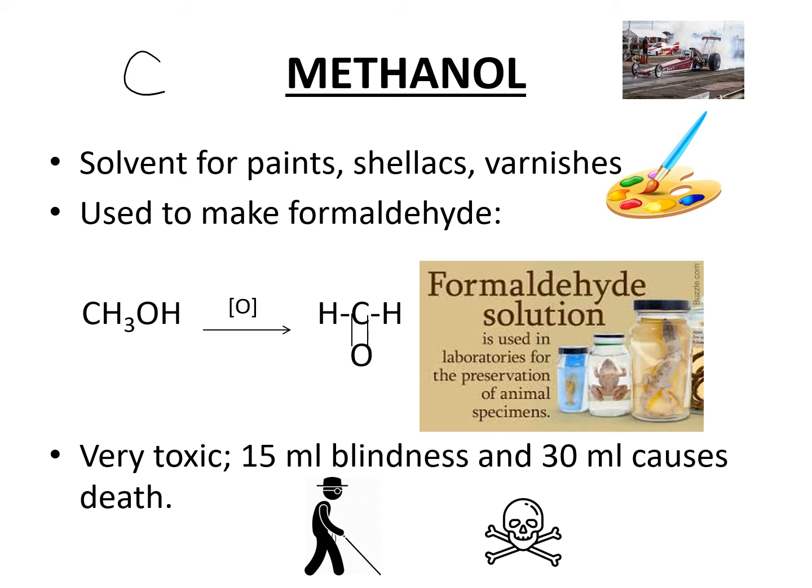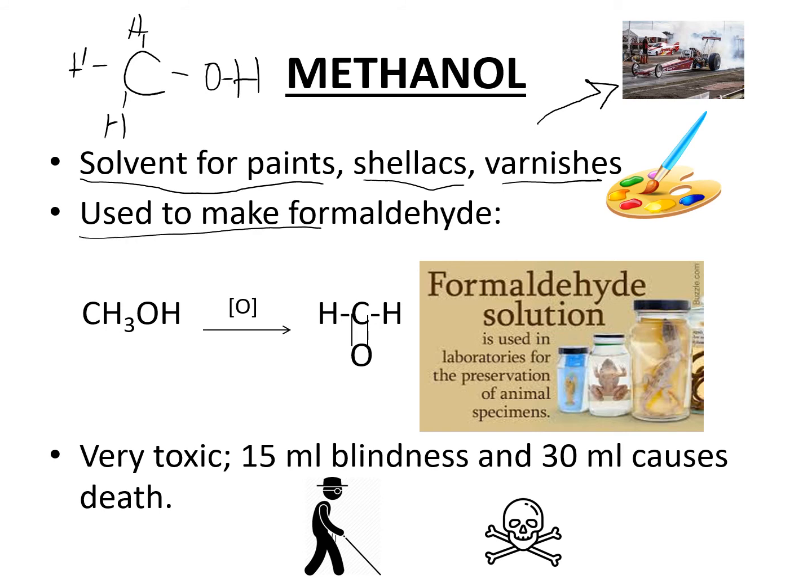Methanol is when we have one carbon bonded to a hydroxyl group and then single bonds to hydrogen. Methanol is used as a solvent for paints and shellacs and varnishes. It's also used as fuel in certain race cars. Methanol is also used to make formaldehyde, as shown in this reaction.